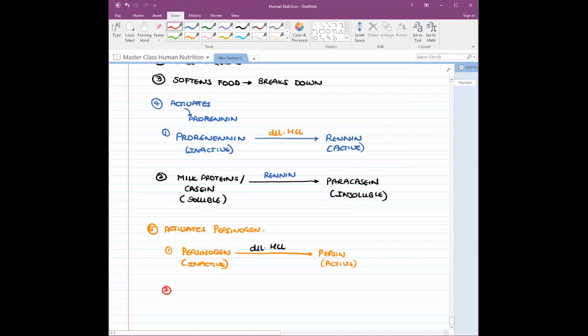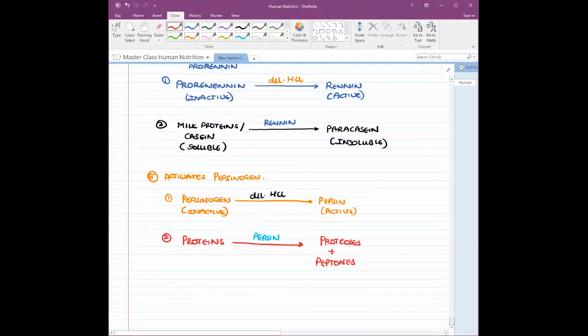Now you are going to see proteins converted into smaller proteins. Proteins, in the presence of pepsin, are converted into smaller proteins. What are these smaller proteins called? We call them proteoses and peptones.